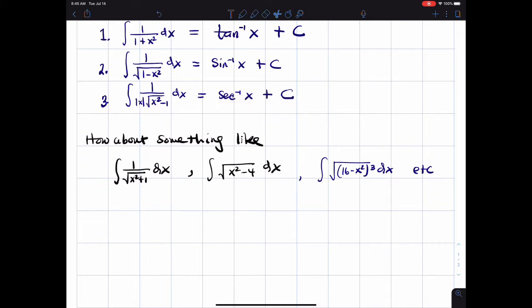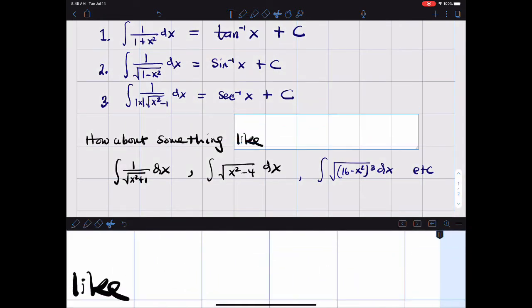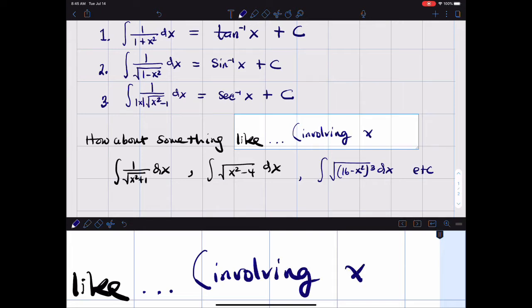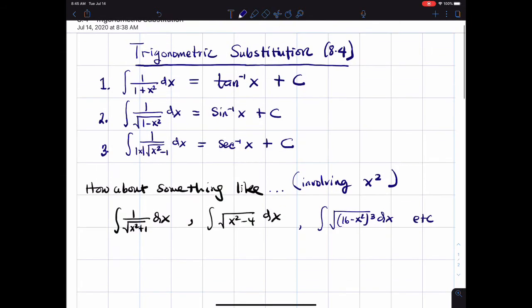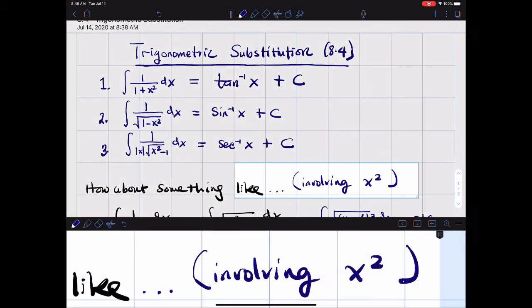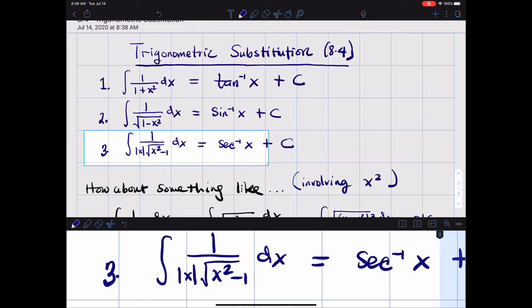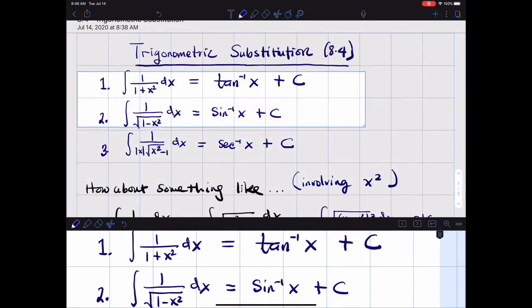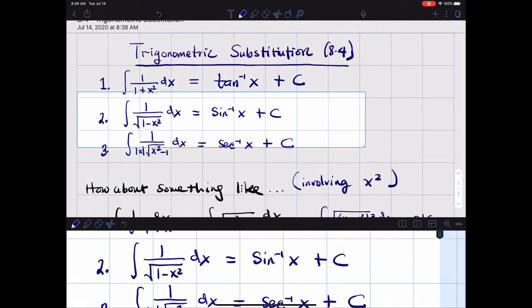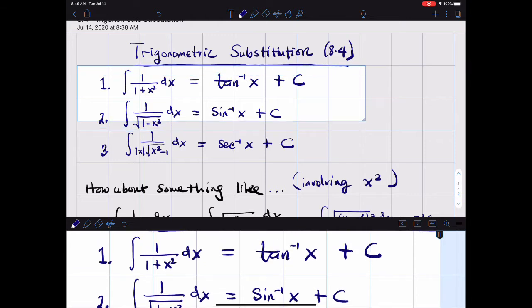The one thing about them is that they involve x squared. So the fact that they involve x squared could give us some motivation to think of how we can make use of the three integrals I listed above.